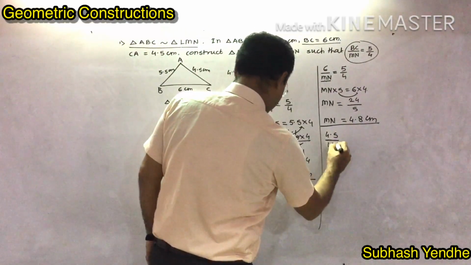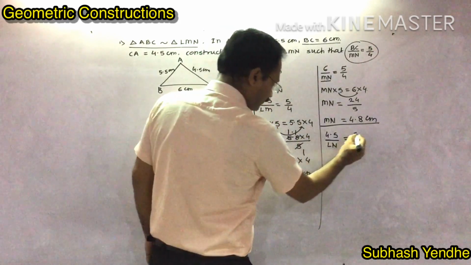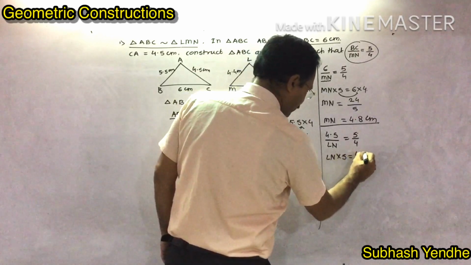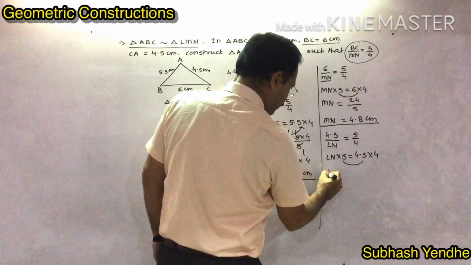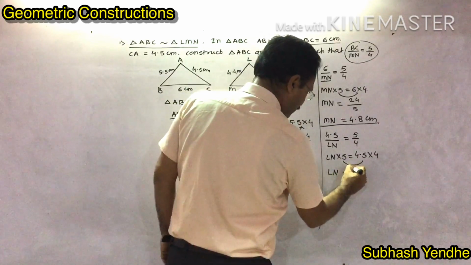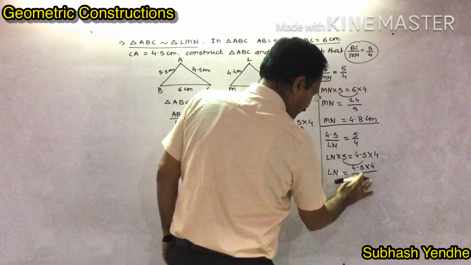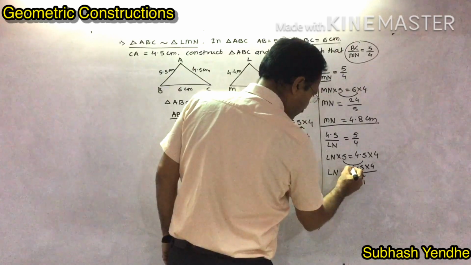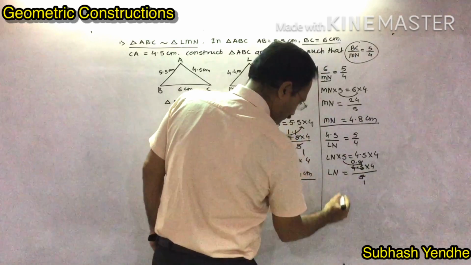Then 4.5 upon LN equals 5 upon 4. Now cross multiply: LN into 5 equals 4.5 multiplied by 4. Now 5 goes to the other side, so you get the value of LN as 4.5 multiplied by 4 divided by 5. We cannot divide 4 by 5, so put 0; 5 nines are 45.